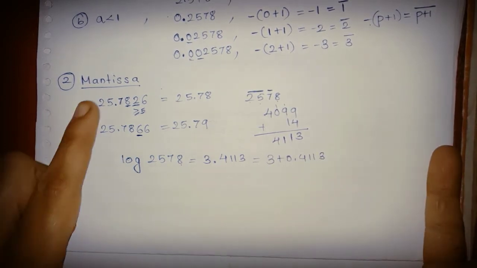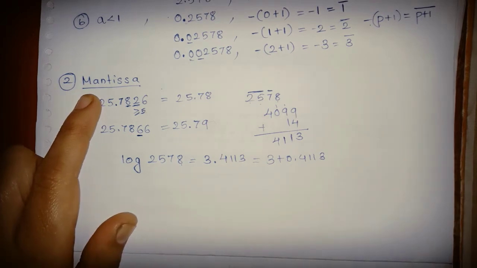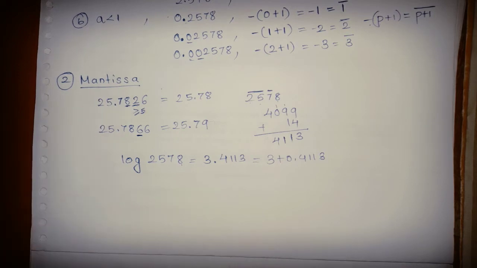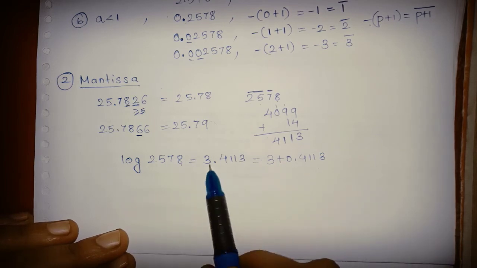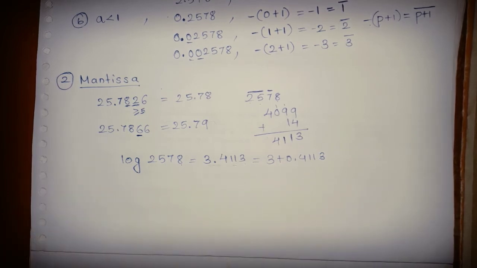We have seen that the mantissa is never negative and it is always less than 1. It comes as 0 point something. So this is your log of the number. Then for calculations, you have to find the anti-log. That we'll see later.